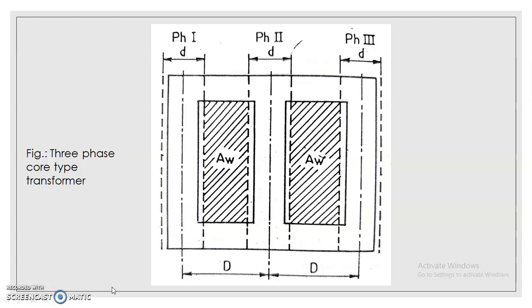Let's see the output equation for the 3-phase core type transformer. For the 3-phase core type transformer, this simple diagram is shown. One phase of the system will be placed here, the second phase here, and the third phase here. And Aw, that is the window area, is also shown. You can observe copper area in the window here, and again here, and here 3 limbs, that's why D appears 2 times.